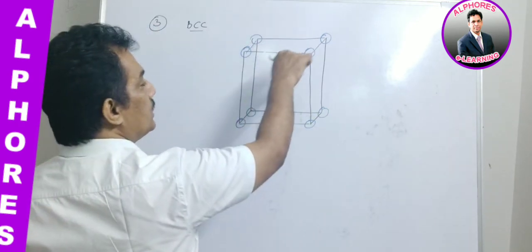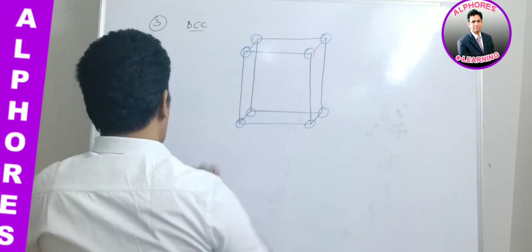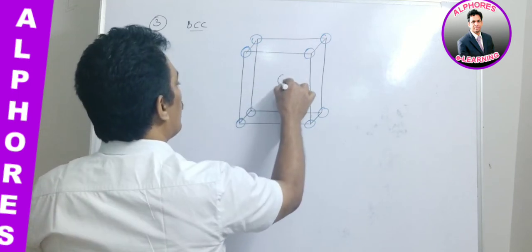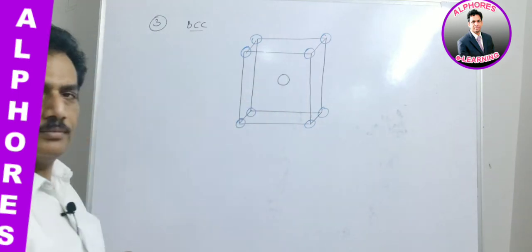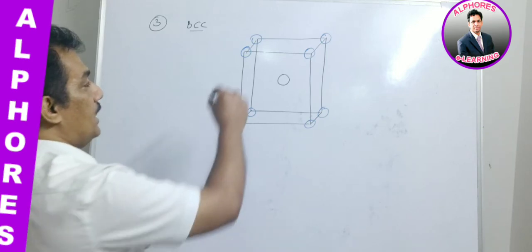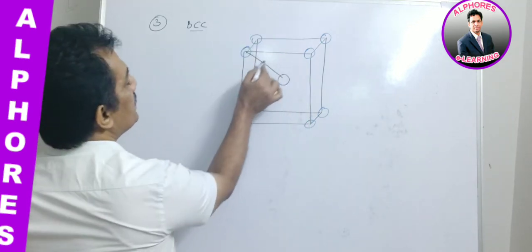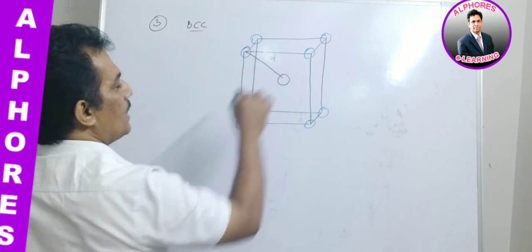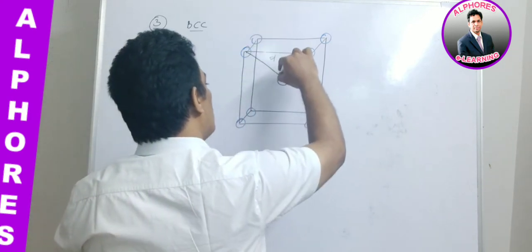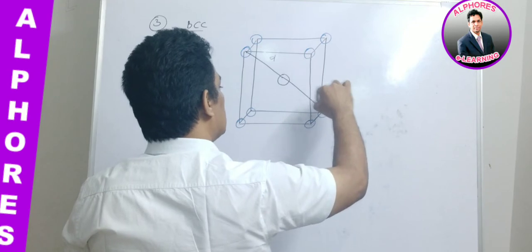And in addition to this, instead of face center, here at body center, one more atom is there. And now the nearest neighbors are these two. This is D.